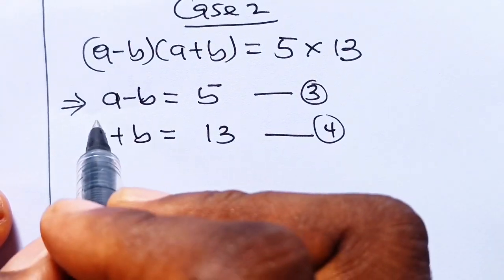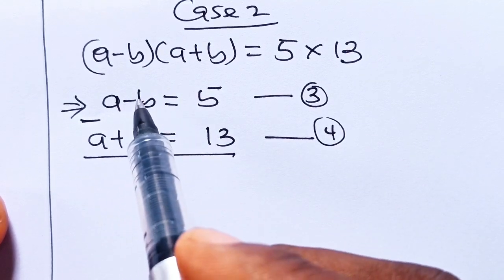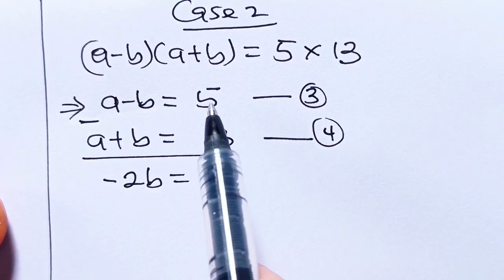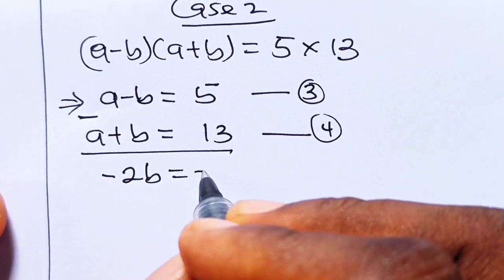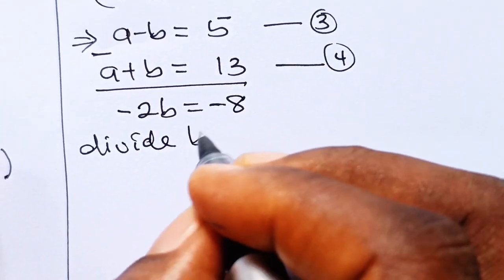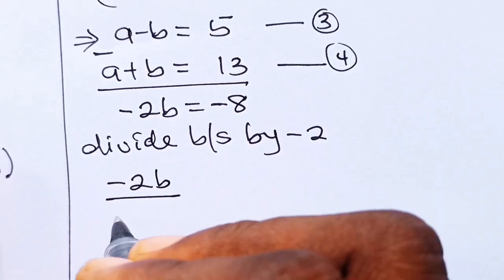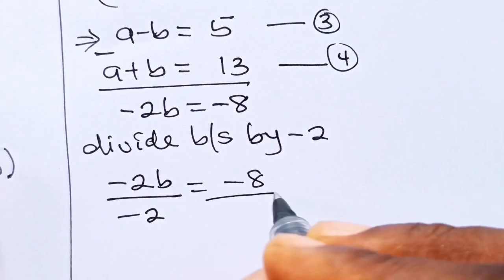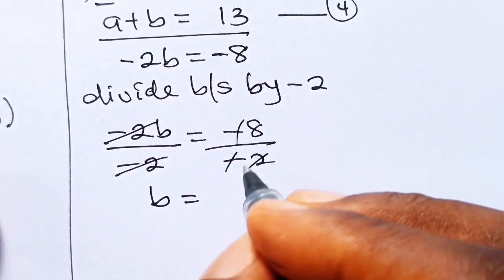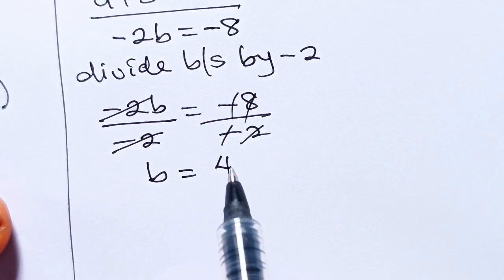If we subtract as well, we have a minus a is 0, minus b minus plus b will give us minus 2b, is equal to 5 minus 13, which gives us minus 8. Now let's divide both sides by minus 2. Minus 2b divided by minus 2 is equal to minus 8 divided by minus 2. We cancel minus 2, and we have b is equal to 4.